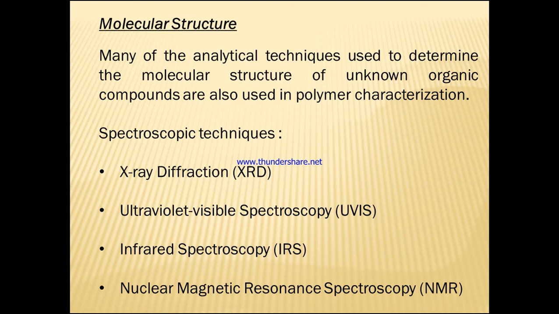We are having X-ray diffraction, ultraviolet visual spectroscopy, infrared spectroscopy, nuclear magnetic resonance spectroscopy. These all are the techniques which are used to find the molecular structure of the material here. For our syllabus, we are having the X-ray diffraction technique. We will discuss the X-ray diffraction techniques when we go into detail of the different types of techniques. Okay.